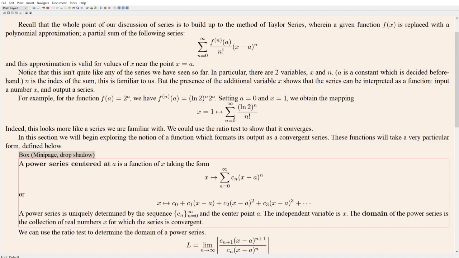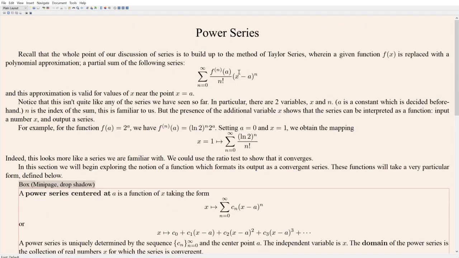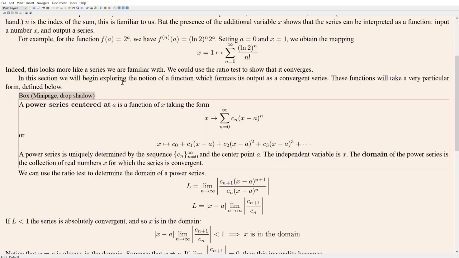The output to the function was a series. And indeed, this is a series that we're more or less familiar with, because now it only has the one variable, namely the index of the sum. So that's how we're interpreting this. We're interpreting it as a function. You feed it an x, and it outputs a series. And you can show that this converges using the ratio test.